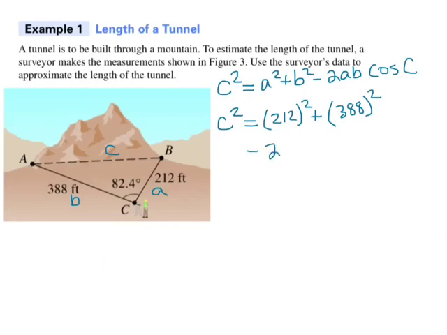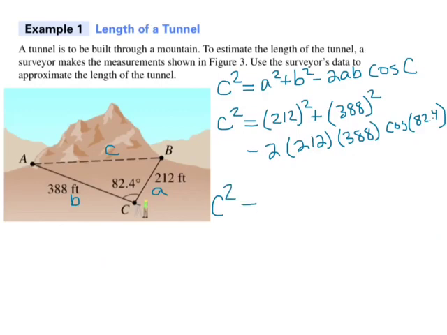So minus 2 times A, which again is 212, times B in this case, which is again 388, and then cosine of the angle 82.4. And sorry for writing this small. Alright, there we go. Now you just simply punch all of this in on your calculator, just exactly as it is there. Alright, and when you do that, you're going to get the value for C squared.